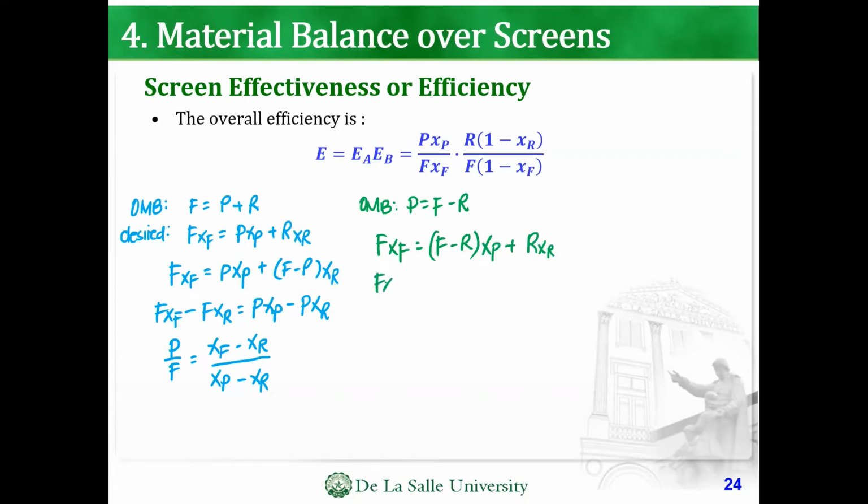So F XF minus F XP is equal to R XR minus R XP. If I want to solve for R over F, this is basically XF minus XP all over XR minus XP.